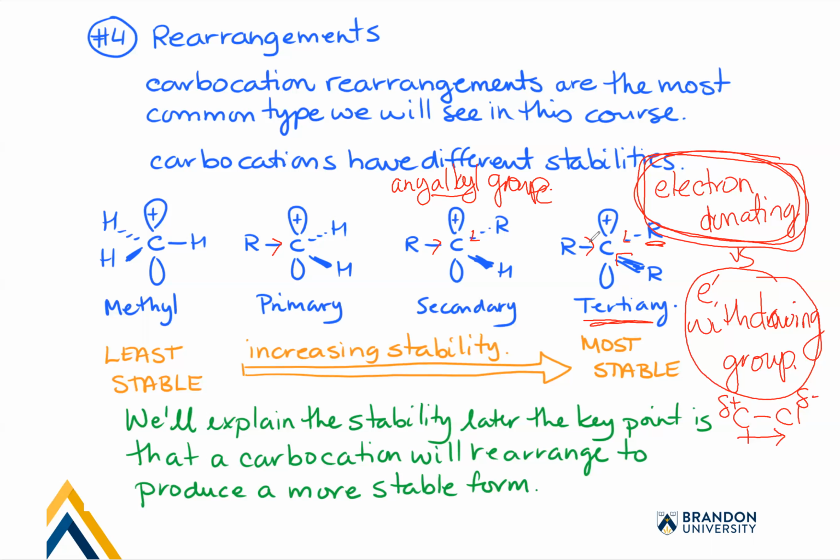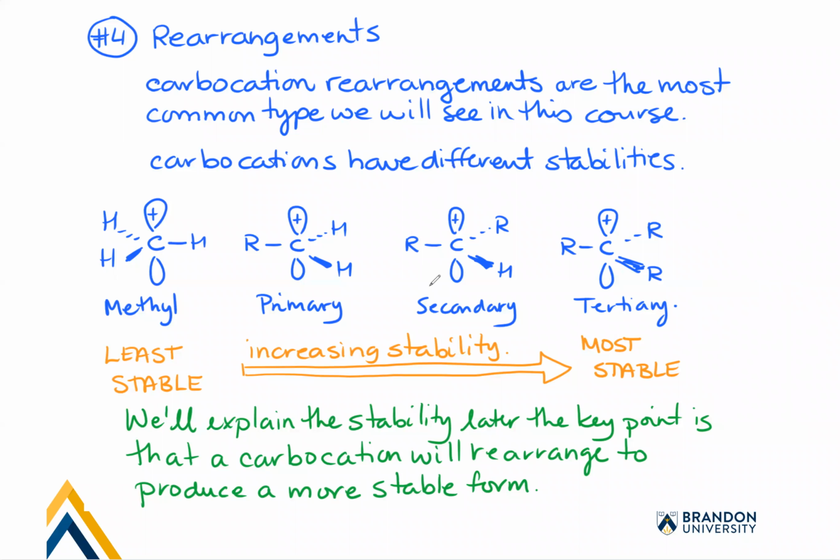So this is an inductive effect. And so these R groups will be pushing electron density to help stabilize that positive charge. Poor little methyl over here has got no alkyl groups, so it has no inductive stabilization. So that's why it's the least stable. There's another reason which we'll get to later on, but this is just very general.